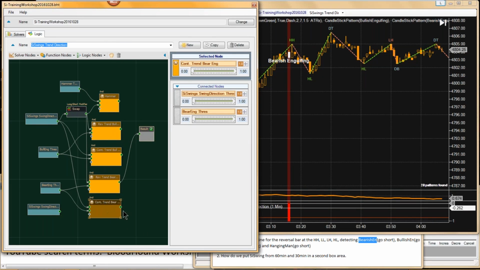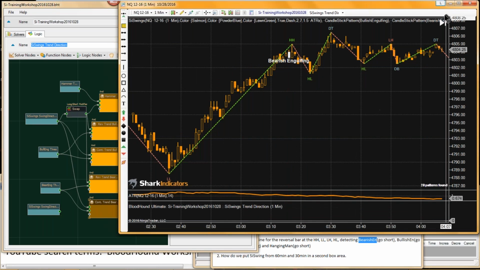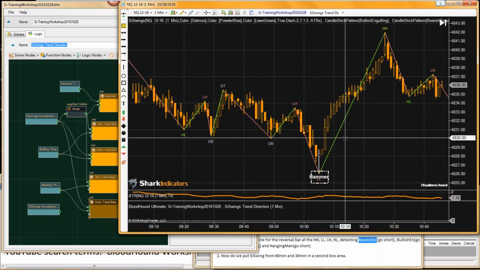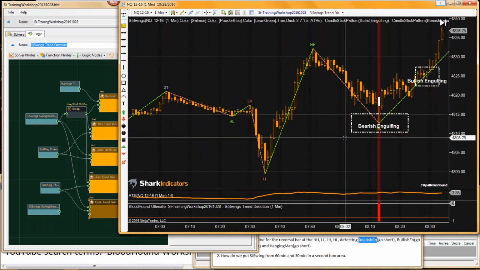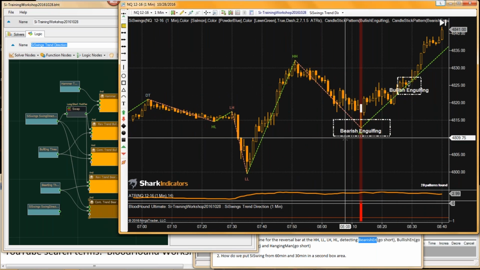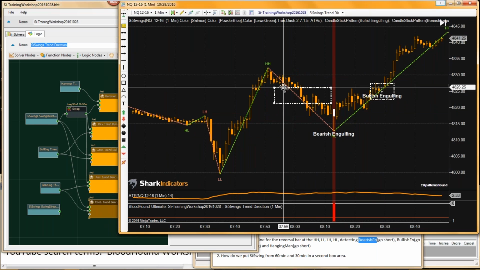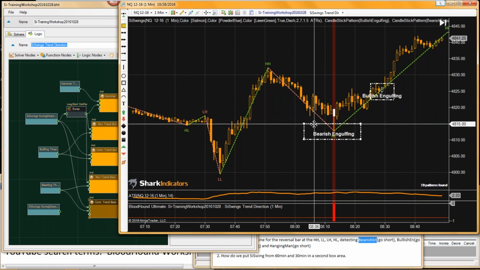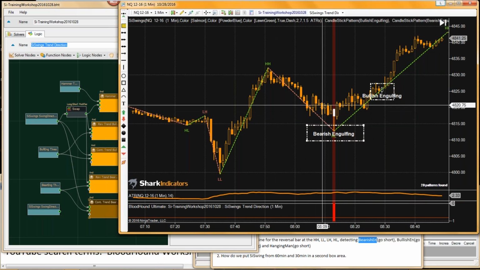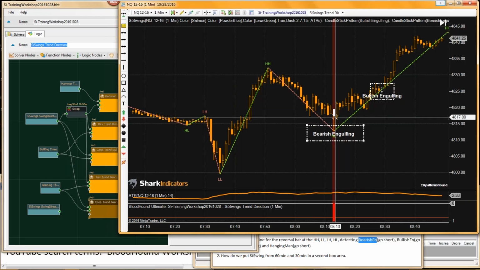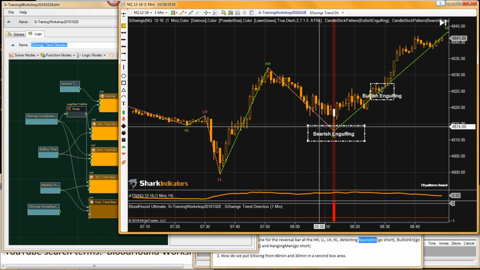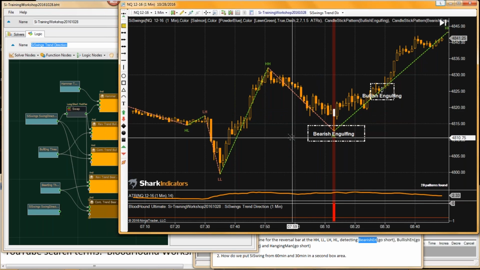And let's see if we can find a continuation trend for the bearish engulfing. Yeah, so right here we're in a downtrend, and we got a bearish engulfing for a continuation trend.